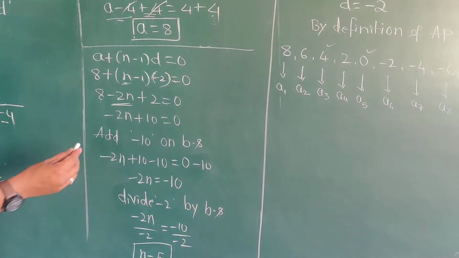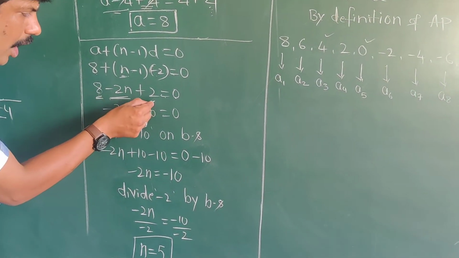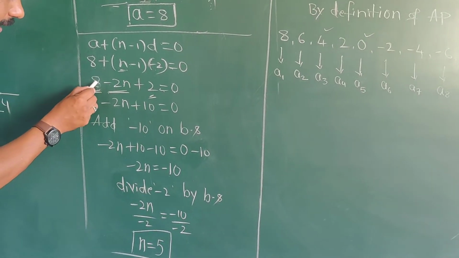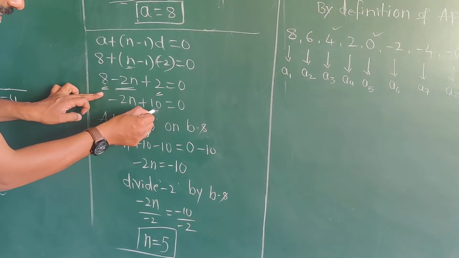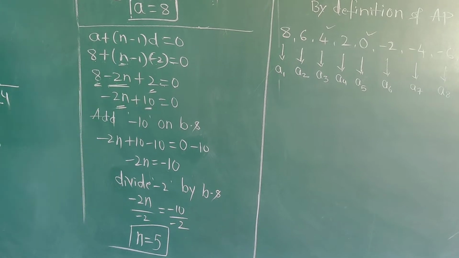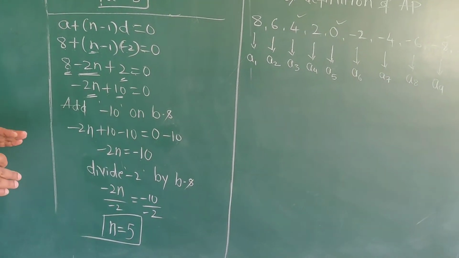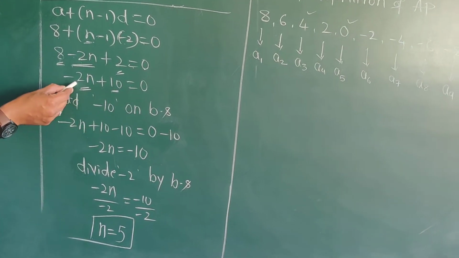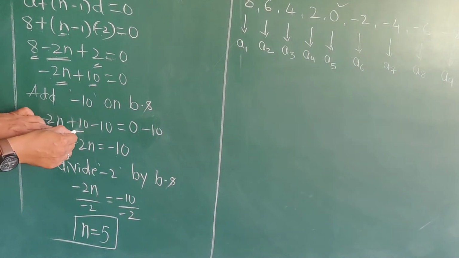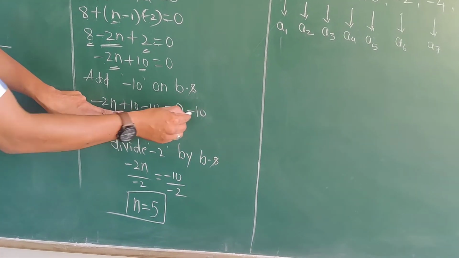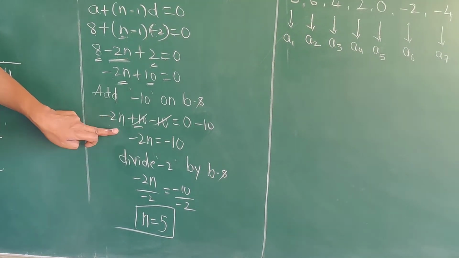Understand, children? Now you can see that 8 and 2 are the constants. Add 8 plus 2 is 10, minus 2n kept as it is. Now we don't want 10, so we add minus 10 on both sides, so that we get minus 2n plus 10. Minus 10 added on both sides. Minus 10 plus 10 gets cancelled.